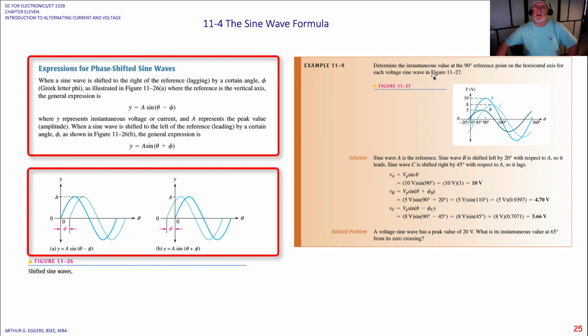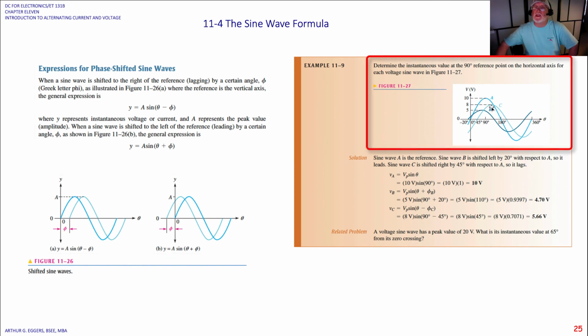If we look at the example here, we've got three signals, A, B, and C, and we're going to map each one according to its maximum peak value and its angle. For the first one, A, we're starting at the origin, so Vp sine theta, 10 volts times the sine of 90 gives us 10 volts, our full 10 volts.